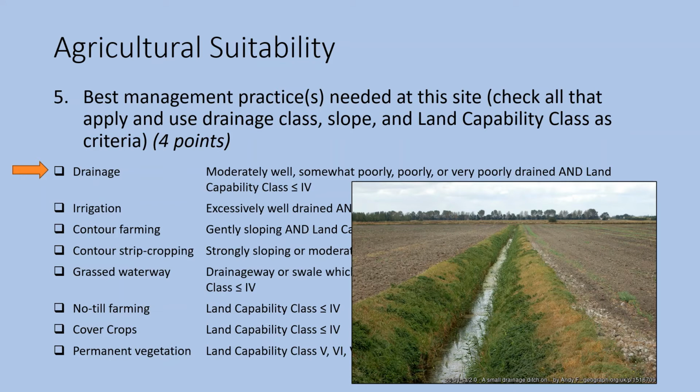So you'll mark drainage as a needed best management practice in sites that are moderately well, somewhat poorly, or very poorly drained, and have a land capability class of less than or equal to 4. So these are sites that are suitable for row crop agriculture based on their land capability class and have a seasonally high water table within the upper 40 inches of the soil surface.